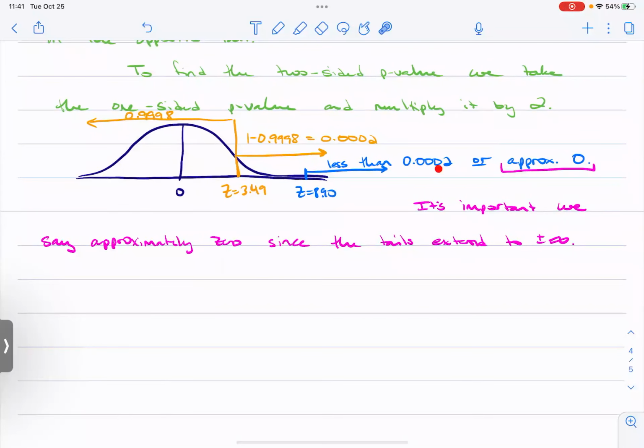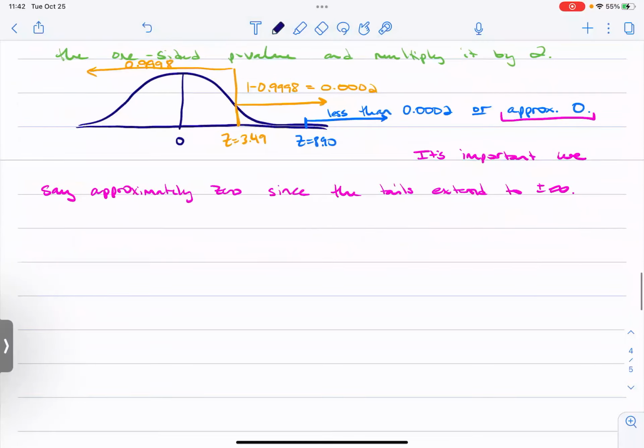Even if I replicate that in the other tail, I'm going to have less than 0.0002 times 2, so less than 0.0004. Or if you flip it, approximately 0 times 2 is still approximately 0.